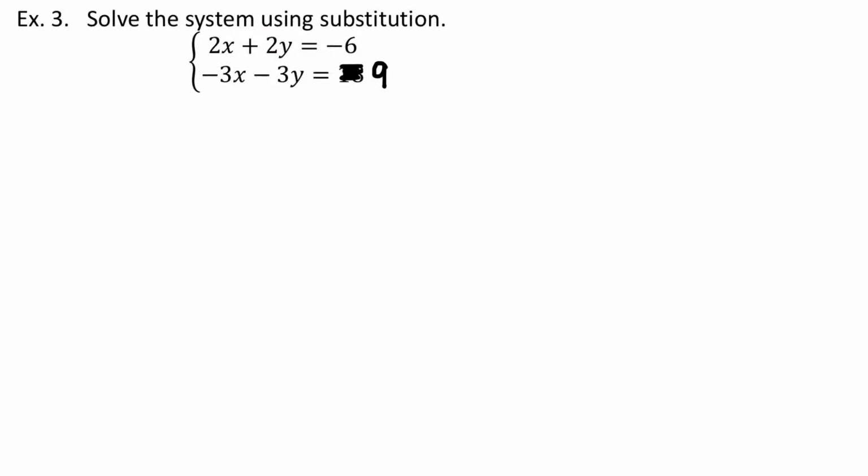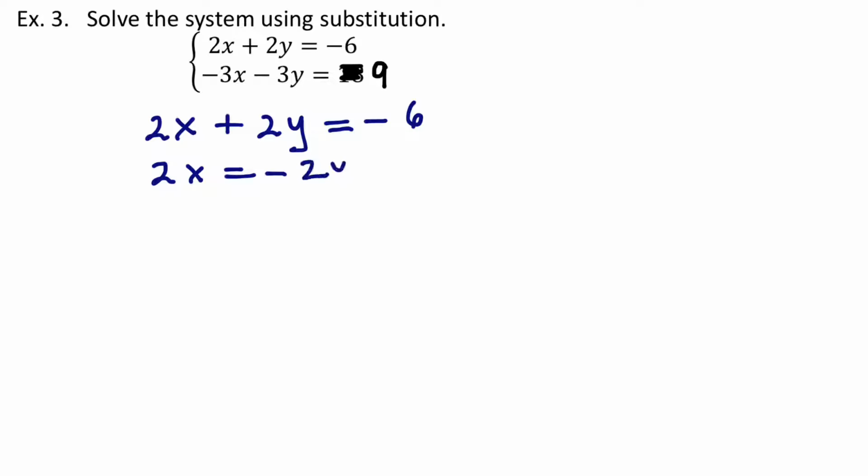So I've got this next example, and I'm going to solve one of these equations for a single variable and use the substitution method. So let's use the first equation. Remember, it doesn't matter which one you start with, and it doesn't matter which variable you solve for, so let's just solve for x. So I'm going to move the 2y over to the other side and divide by 2. So x is equal to negative y minus 3.